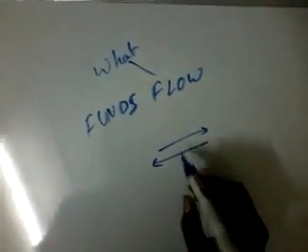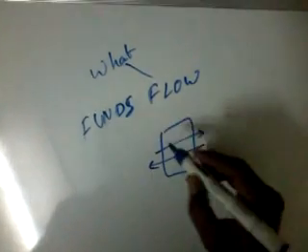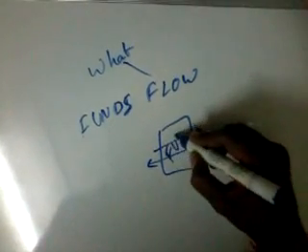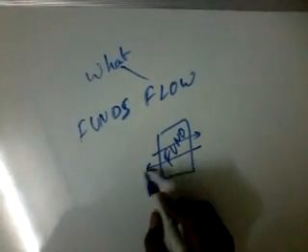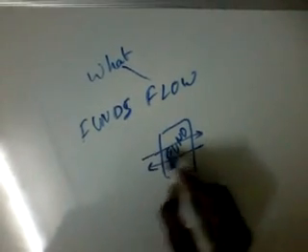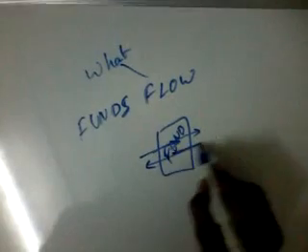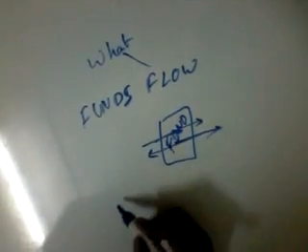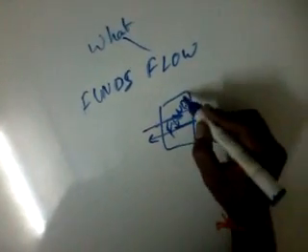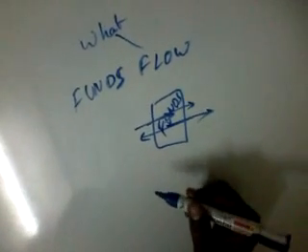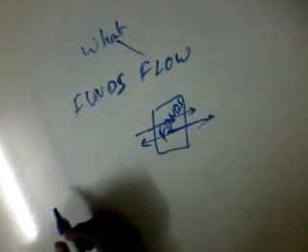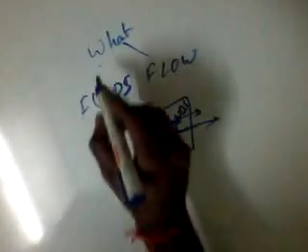Then what is funds flow? Funds flow means flow of funds. That means how the funds are coming into the business and how the funds are going out of the business. It is a flow of funds in an organization. Now the question comes, what are funds?